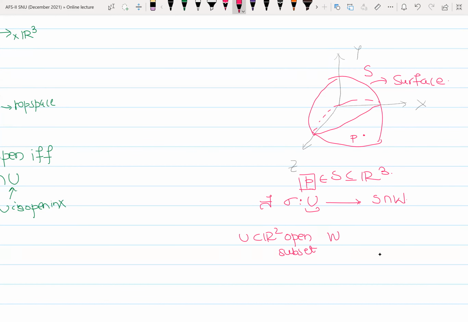So there are three requirements. One is an open subset of R2. Second is an open subset of R3. And a homeomorphism. You know what a homeomorphism is?